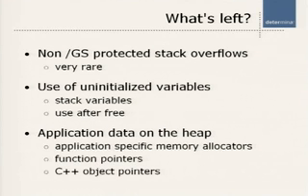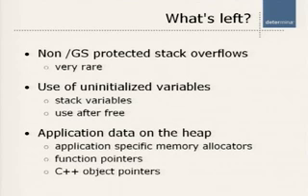The final thing that you can attack is the application data on the heap. Since you can no longer use the heap headers, you can use the data that's after them, which would be specific to the particular application and the particular code that uses it. Maybe you have an application-specific memory allocator that still uses a doubly linked list that's not protected by the safe unlinking feature.